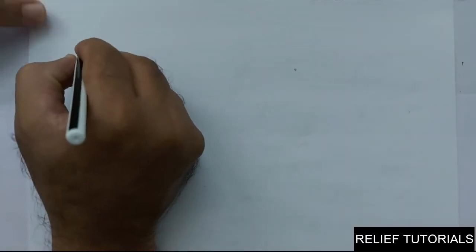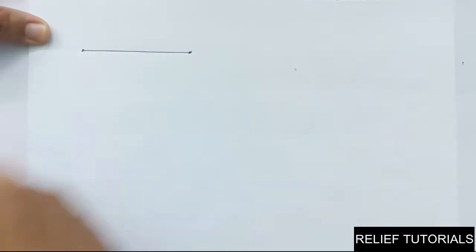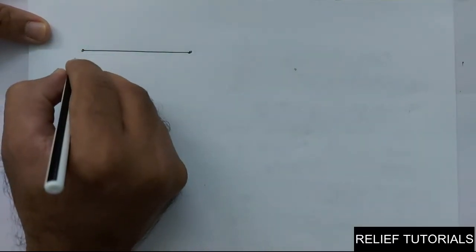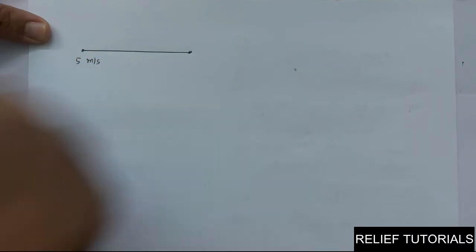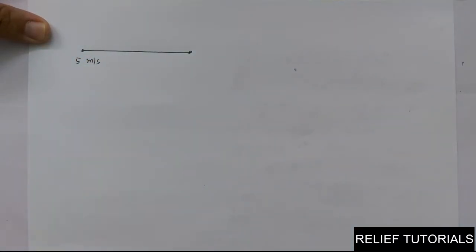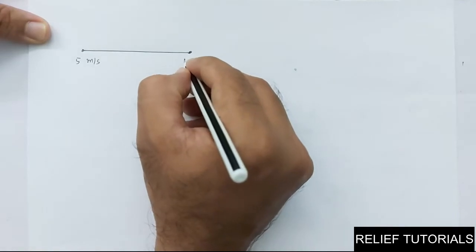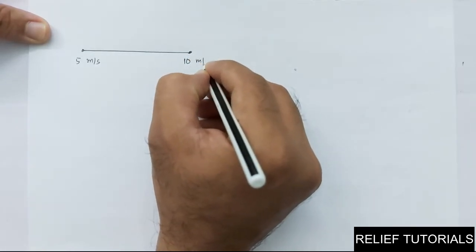Consider, here is a straight path. Here the velocity of the particle at this point is 5 meter per second, and at this point the velocity is 10 meter per second.